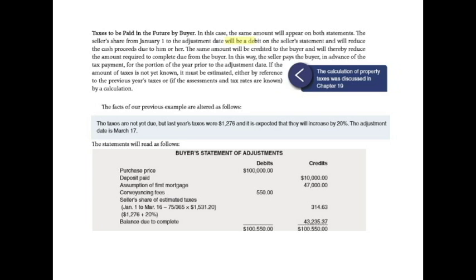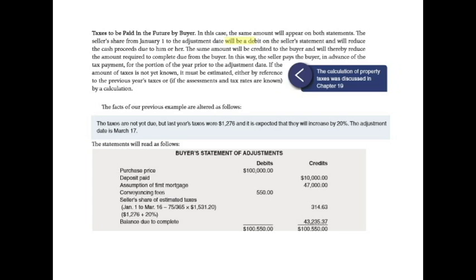So basically, it was last year's taxes, $1,276 plus a 20% hike in the taxes. So that is a credit, a happy face thing on the right column, of $314.63. So that's for the buyer.